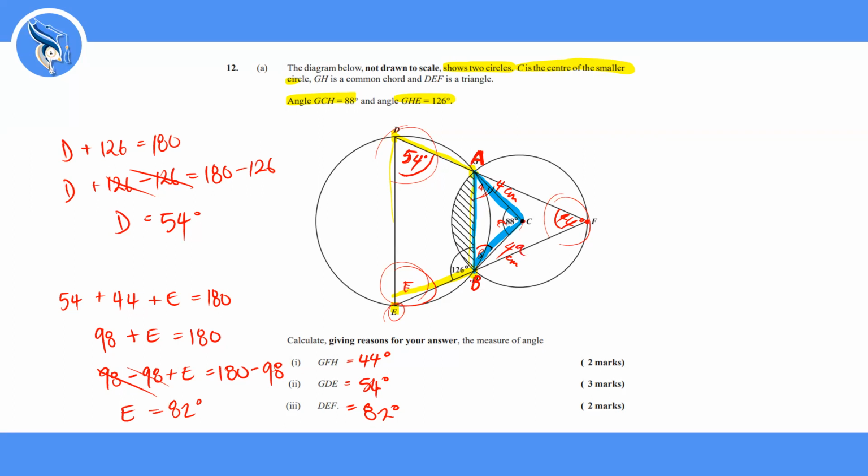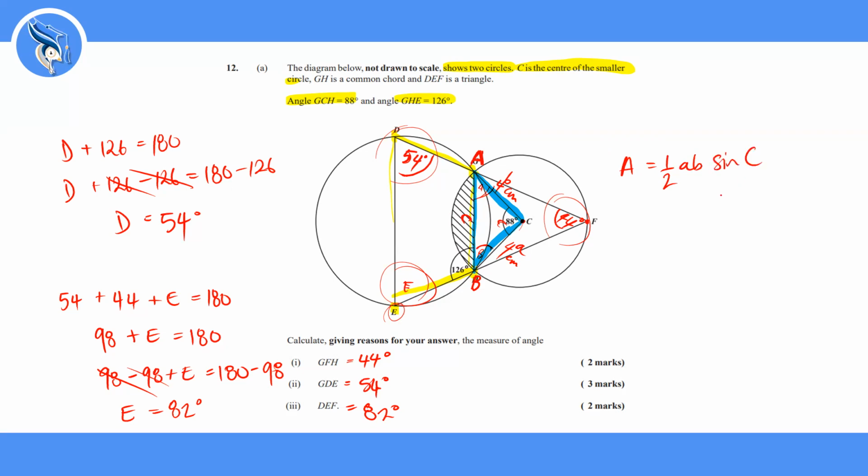So this is side A, this is side B, and this is side C, right? So the side is always the common letter opposite to the angle. Now to find the area of a triangle like this, you use half AB sine C.